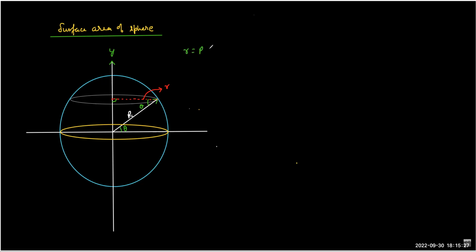Now, if you would have taken theta from the vertical, the only difference is this would have come r sin theta. Sometimes we do take theta from the vertical, but for the present discussion, theta from the horizontal is good enough.